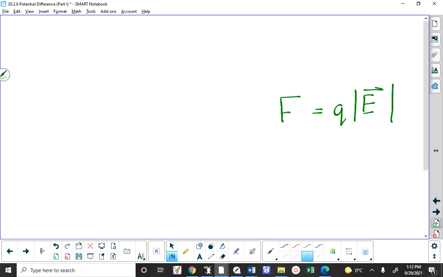And since work can be found using force times distance, if you increase the charge, you have to apply a greater force. We're moving it through the same distance, plate A to B or whatever you want to call them, but if the force is more, the force times the displacement is more. So there will be more work required. And you can see it's a proportionality, can't you? Force is directly proportional to charge.